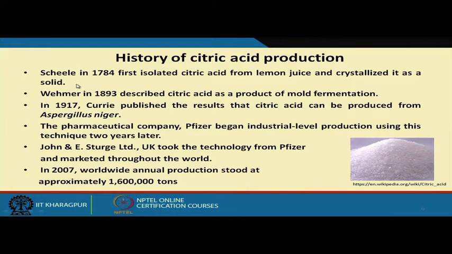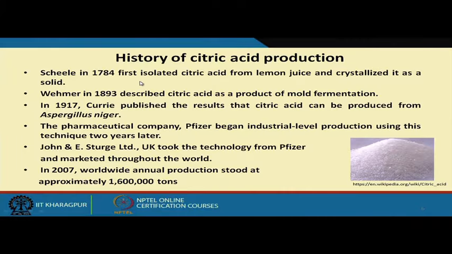I mentioned that we have two types of organic acids: one is called volatile fatty acid, and another is non-volatile fatty acid. Volatile fatty acid means if you keep it in the atmosphere, it will evaporate out, and non-volatile fatty acid means if you keep it for some time, the water will be evaporated out and crystals of that acid will remain. So citric acid is considered a non-volatile fatty acid.